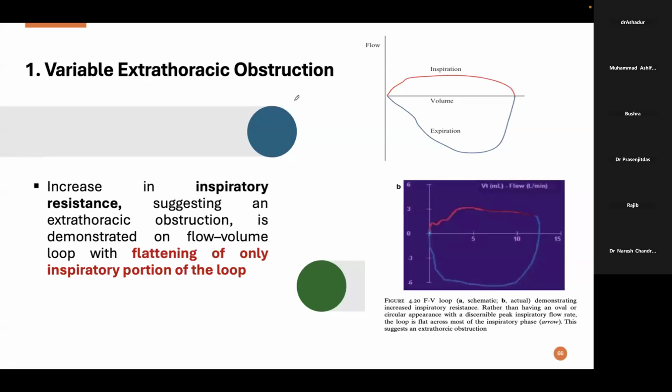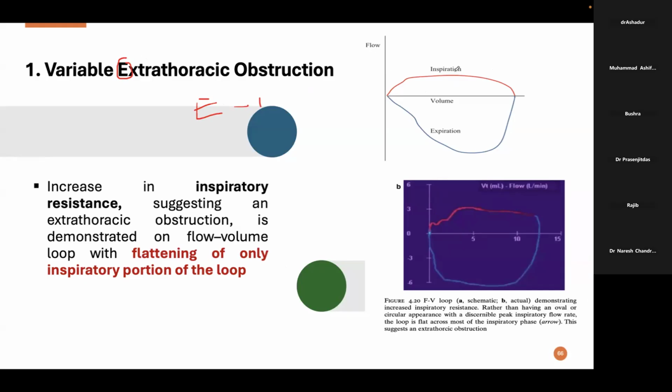Okay. So if there is an extrathoracic obstruction, how to remember? This is not E for E. E, you can say E for I, means opposite. So if there is an extrathoracic obstruction, your inspiratory loop, here, this is your inspiration loop, and this is your expiratory limb in your flow volume loop.